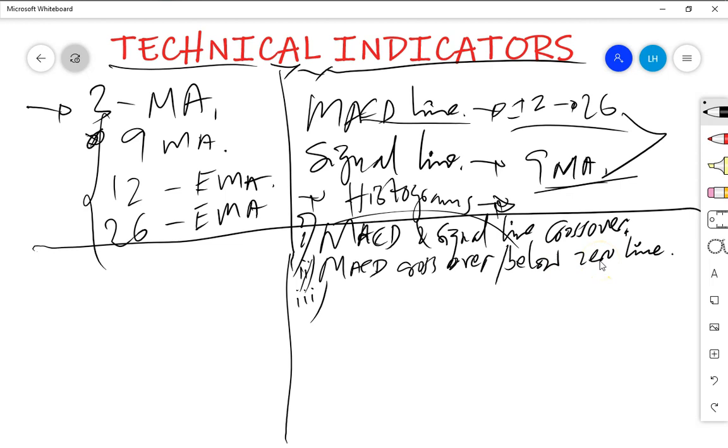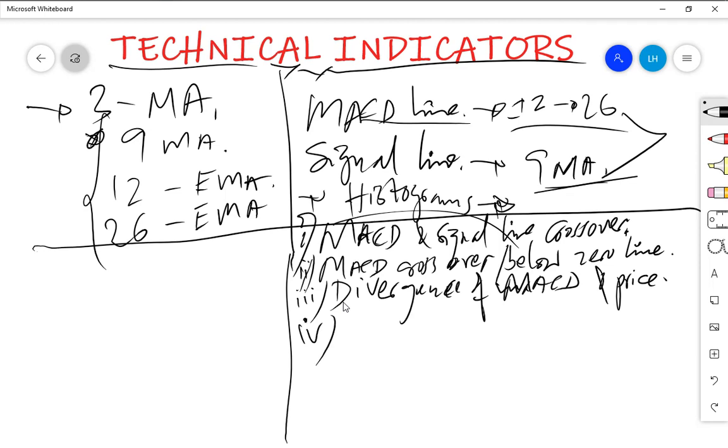And also we have divergence, the divergence between the MACD line and the price. Here we have another use, the divergence of MACD and the price. A short list like this.